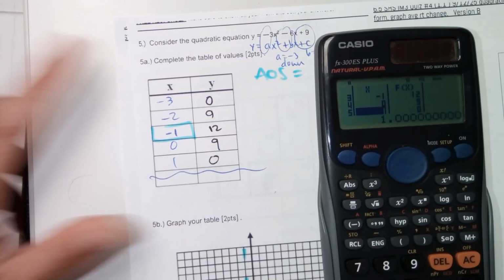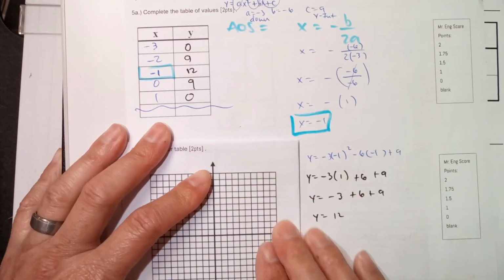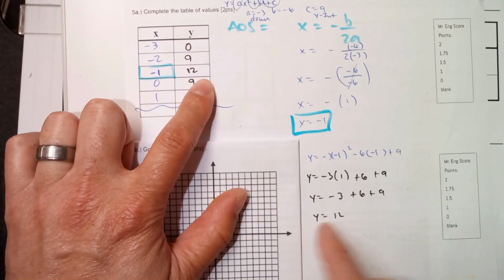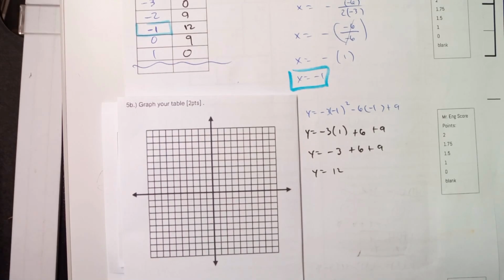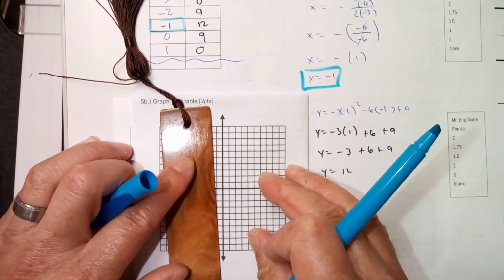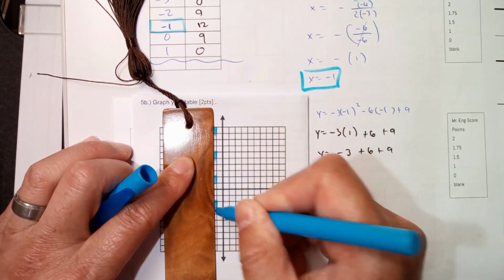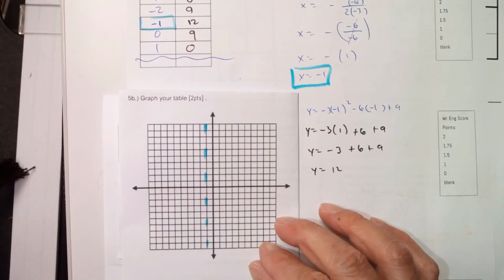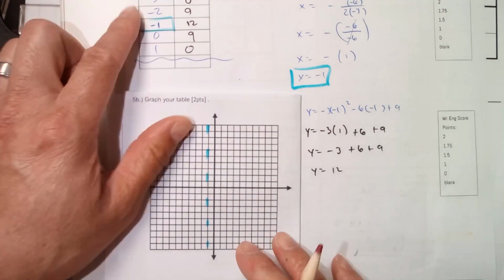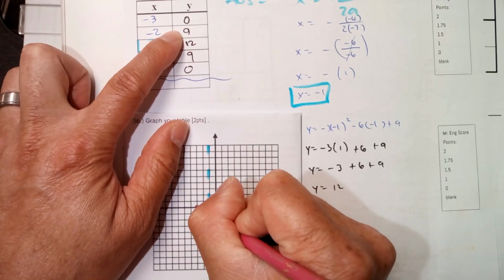Okay, let's go ahead and graph those points. So we had earlier graphed the axis of symmetry at -1. So I go to x values at -1. And then I'm going to go ahead and graph -3, 0, left 3, okay, left 2, and then we're going to go up 9, 2, 4, 6, 8, 9.